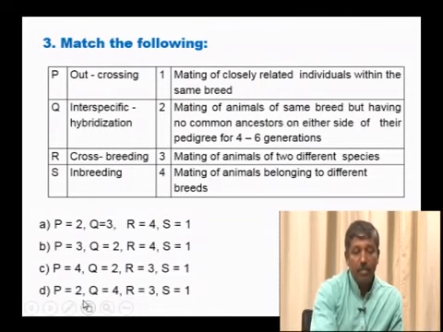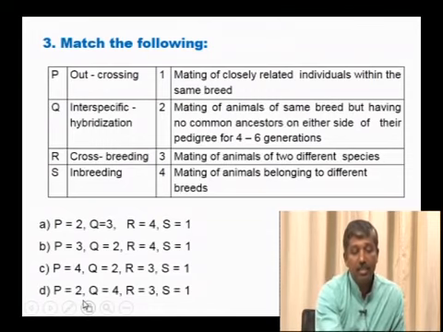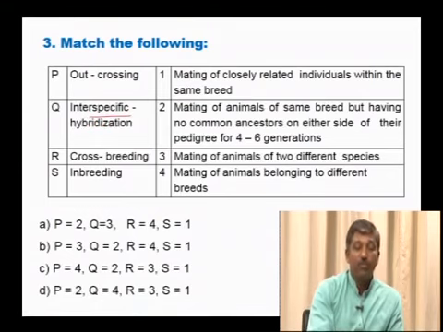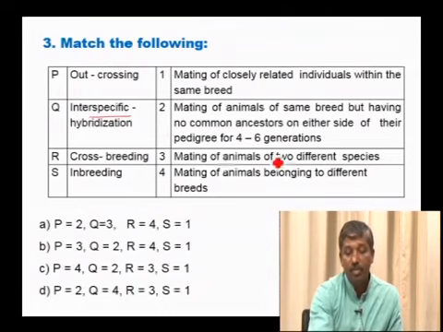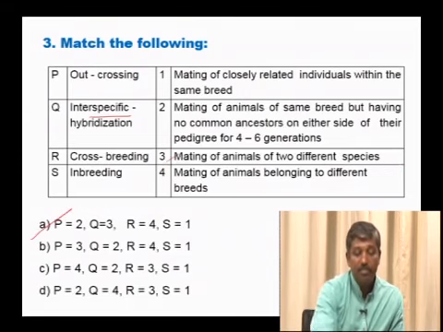So next we select Q, interspecific hybridization. As the term itself suggests, it is the crossing of two different species belonging to the same genus, hence mating of two animals of different species. Hence Q matches with 3. So it is the first option, and we need not check R4 and S1.